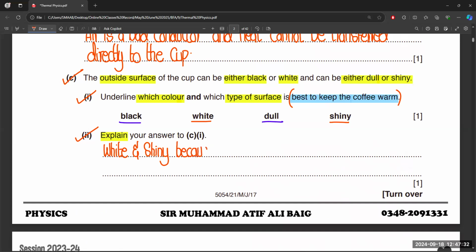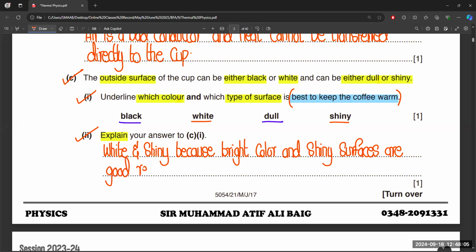Reason is because bright color and shiny surface, good reflectors, and they also emit less amount of heat because they are poor emitter also.